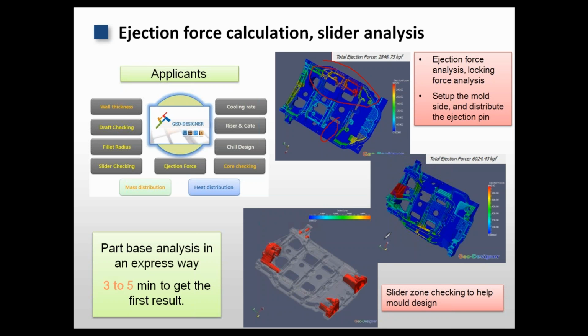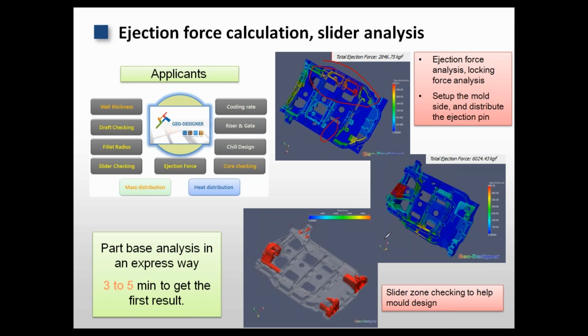And the second function is about the slider zone. For some complex casting products, there are a lot of cores and sliders that should be placed in the mold. So you need to check carefully the sliders and cores, because the slider or the core's movement direction is not the same as the die opening direction.